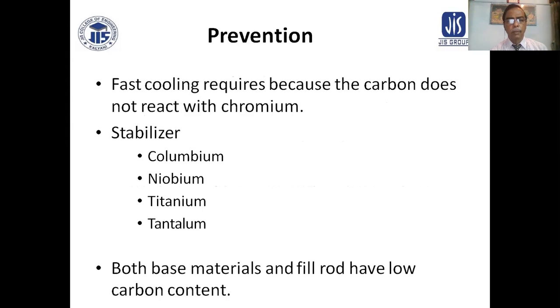Prevention: fast cooling is required so that the carbon does not react with the chromium. Use stabilizers: columbium, niobium, titanium, tantalum. Both base material and filler rod should have low carbon content.